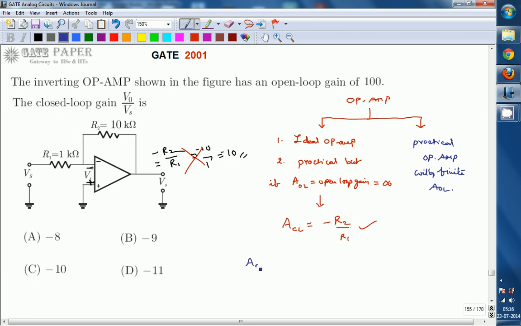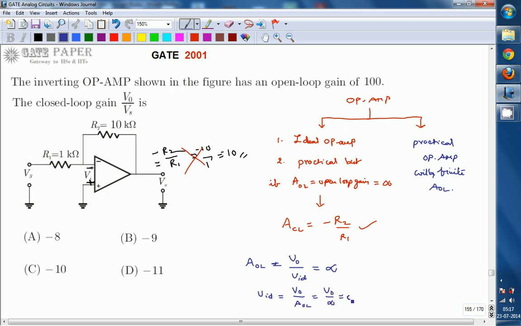Generally open loop gain AOL is defined as output voltage of the op amp divided by the input difference voltage VID. So if AOL is infinite, what happens? VID can be defined as V0 by AOL, that is V0 by infinite.